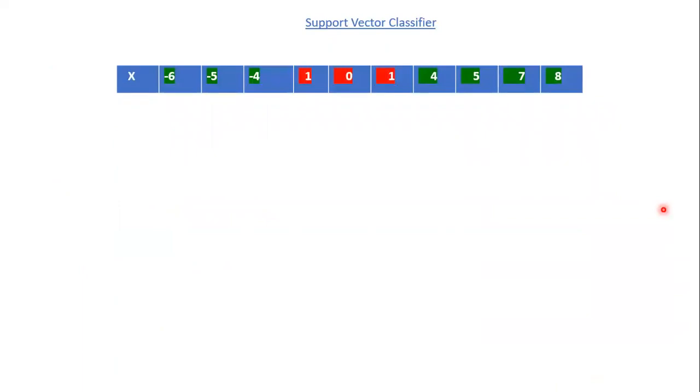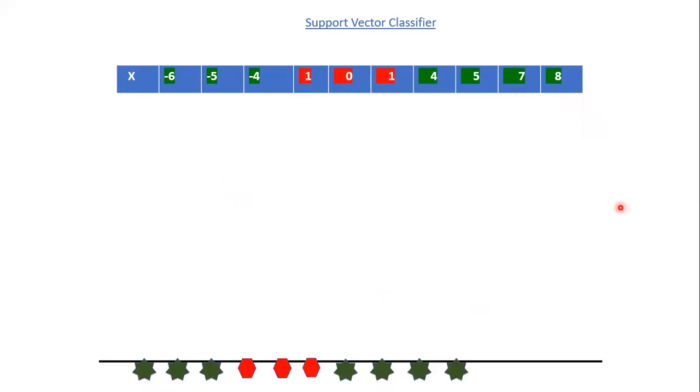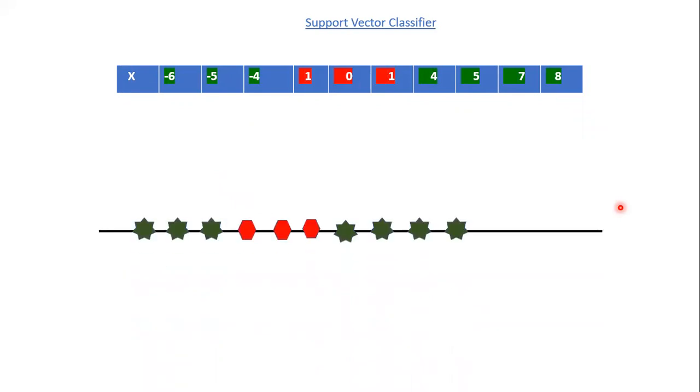What do we mean by increasing the dimensions? We will go with a simple example. Suppose I have an X feature, and I have some data points here like -6, -5, -4, -1, 0, 1, 4, 5, 7, 8. When I plot this, it looks like this.